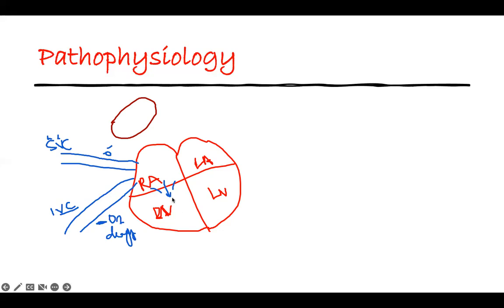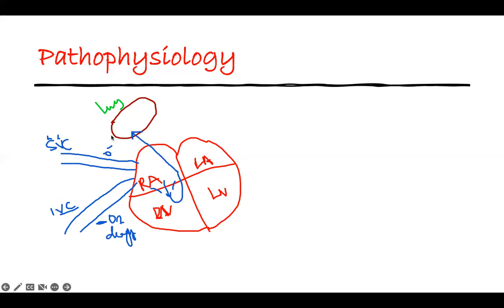Then the ventricle will pump this blood back to the lung. So that's the lung sitting here like that. They pump it into the lung. So the blood goes back into the lung through the pulmonary artery.